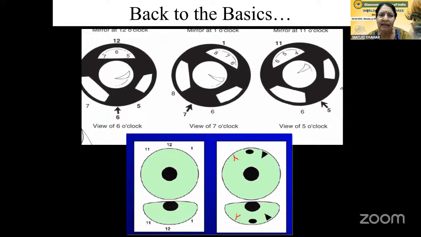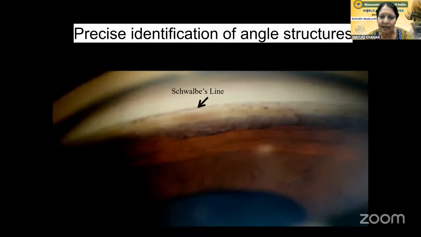Back to the basics: we are using a mirror, so whatever we see is exactly like a mirror image in the opposite direction. One example shown here is a blood vessel seen in the mirror inferiorly at 7 o'clock; it will be at 11 o'clock in the eye. Now, precise identification of all angle structures is a must.